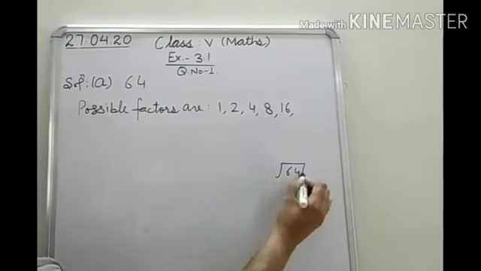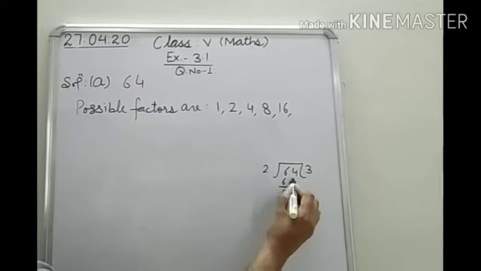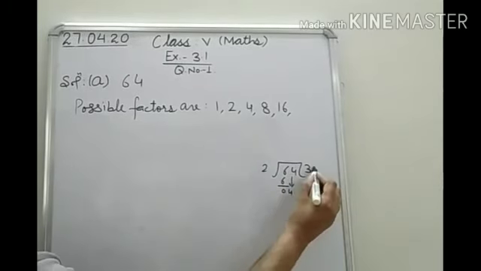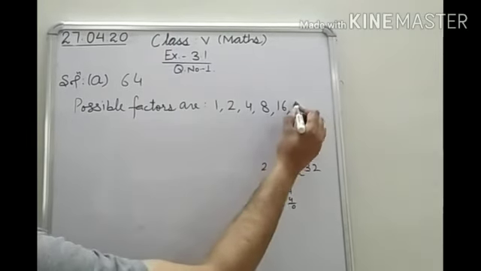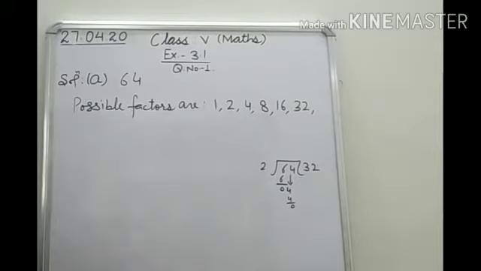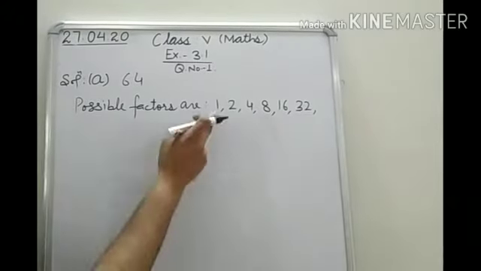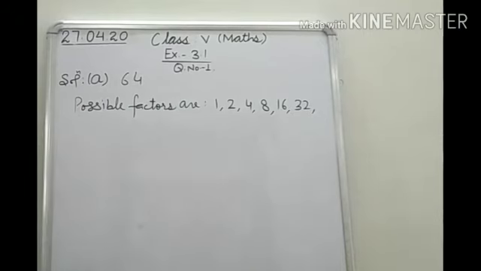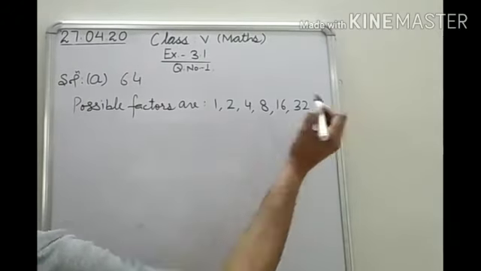If you divide 64 by 2, what will you get? 2 3s are 6, 0, take 4, then 2 2s are 4, you get remainder 0. It means 32 is also a factor of this number. And now if you divide this number by 1, the quotient will be 64. It means the last factor of this number is 64.